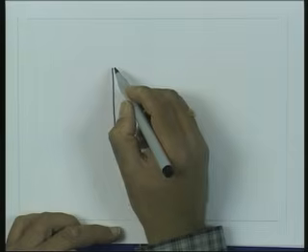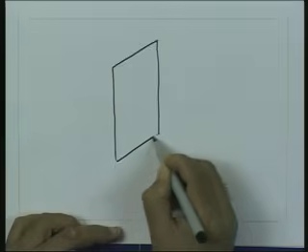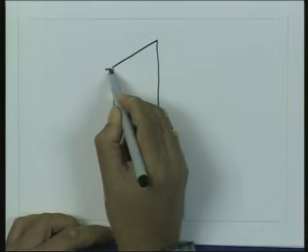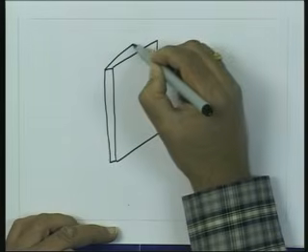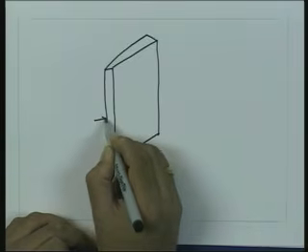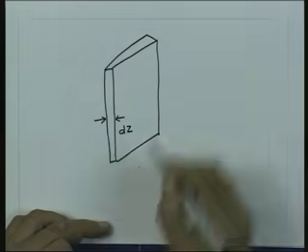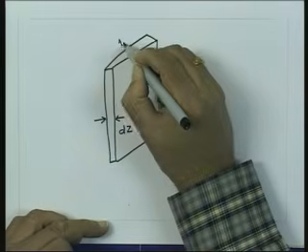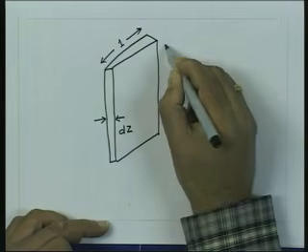So the idea here is to find out, if I take a unit area on the conductor surface, with a depth dz, and this is the unit area.